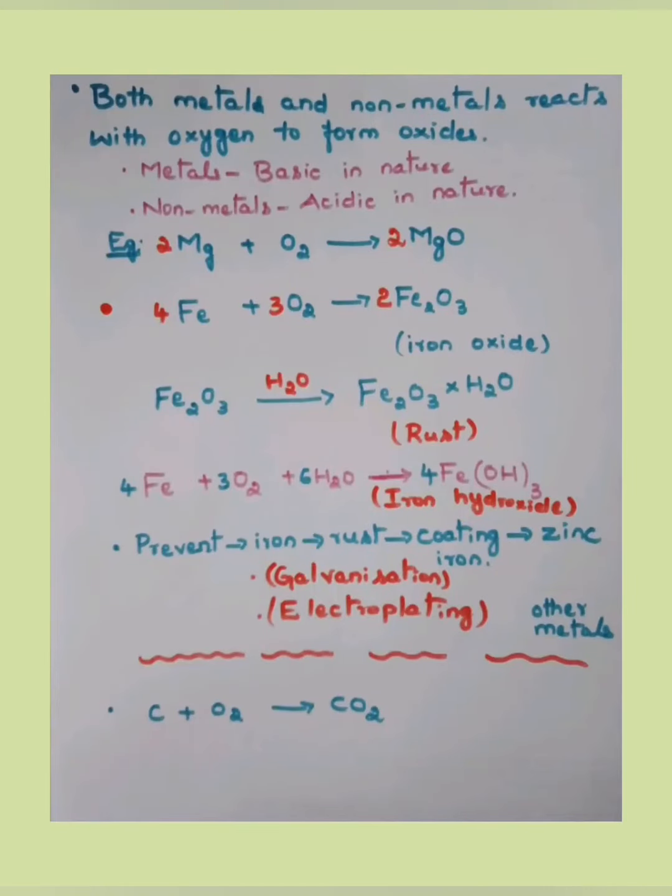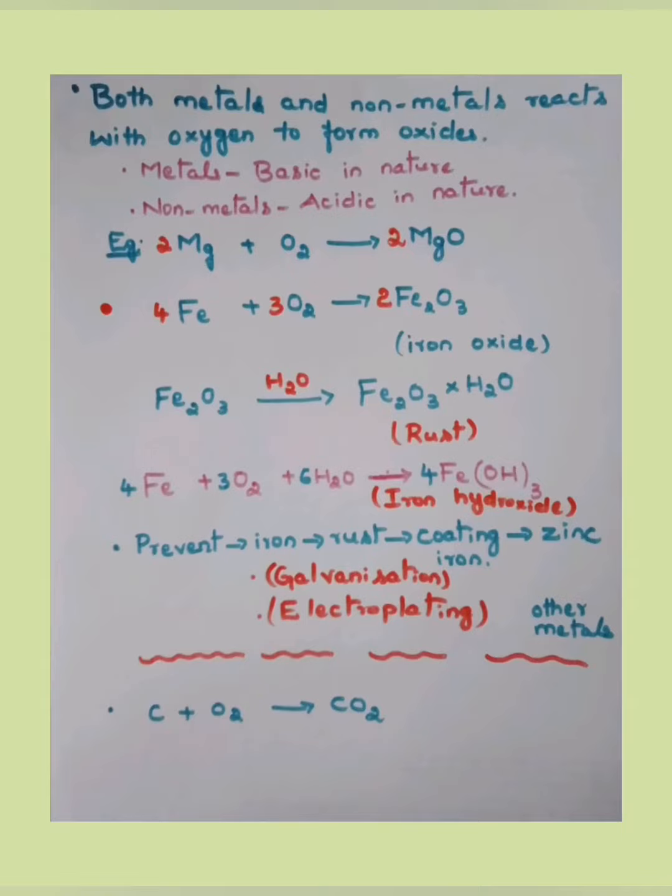Moving to the common properties of both metals and non-metals, both react with oxygen to form oxides. In the case of metals, the oxides formed will be basic in nature. In the case of non-metals, they will be acidic in nature. Let's see a few examples. First, magnesium reacts with oxygen to give magnesium oxide.